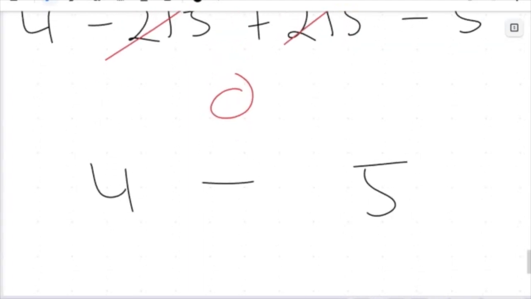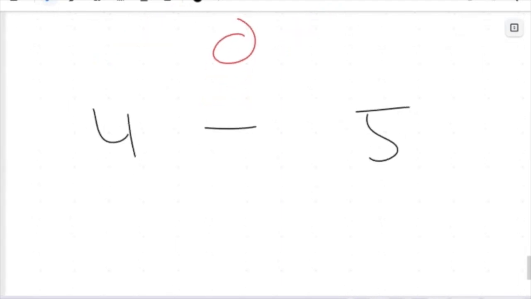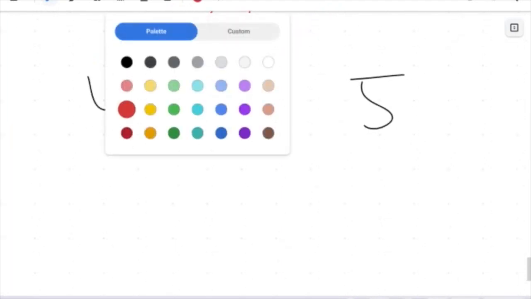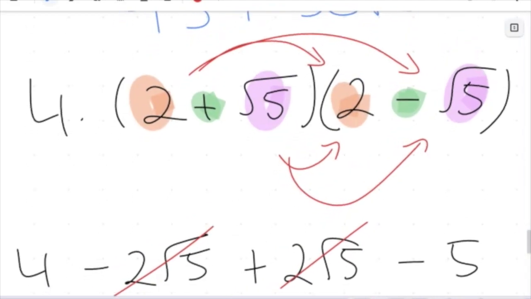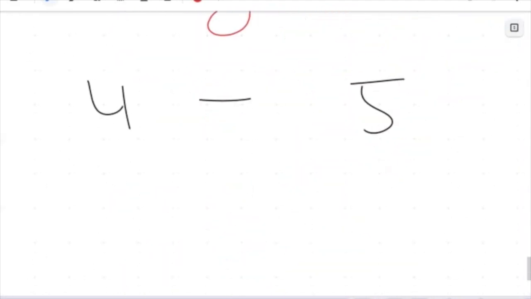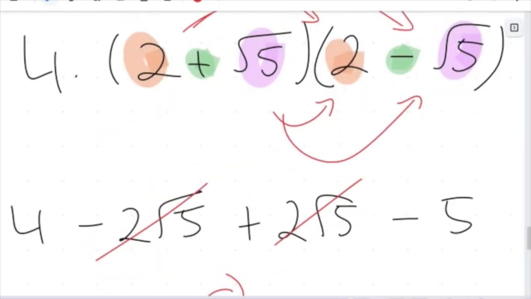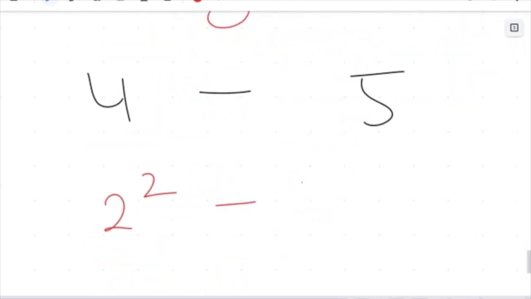Or, if I want to look at this with my difference of 2 squares, this is the same as my 2 all squared minus my last term root 5 all squared.